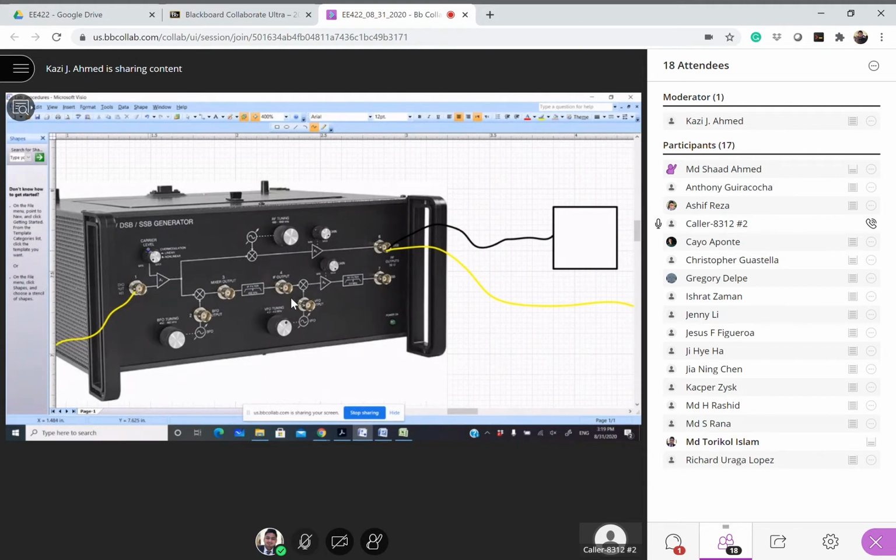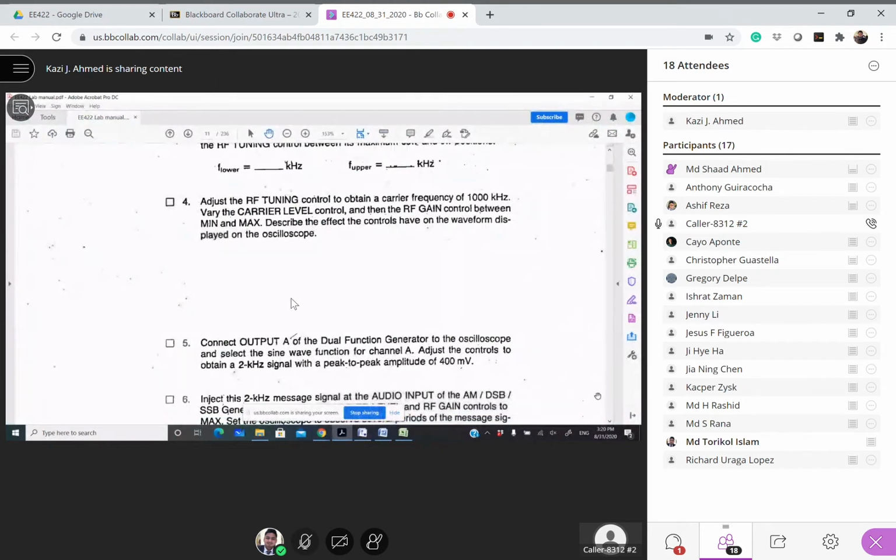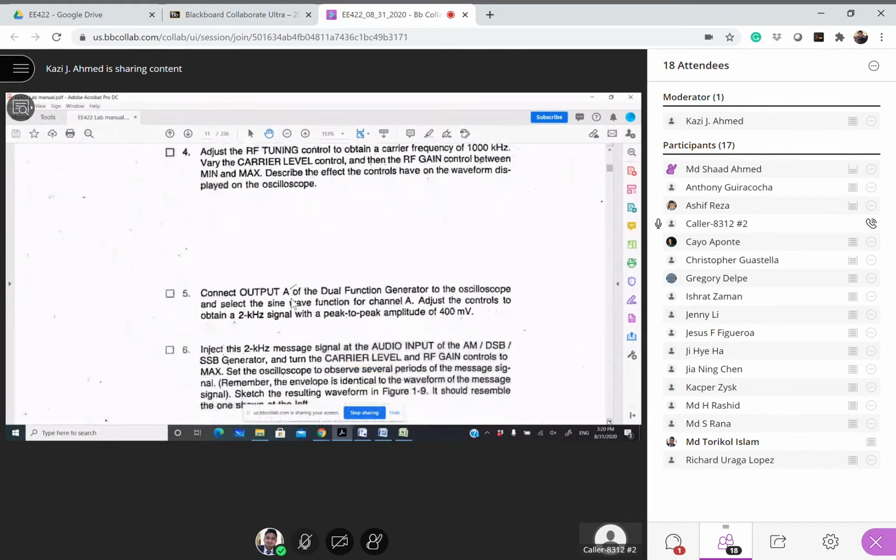If the carrier level is high, it will give you a high amplitude signal. If the carrier level is low, it will give a low amplitude signal. So the gain and carrier level seem to work similarly once we fix our RF tuning to 1000 kilohertz. So far so good.